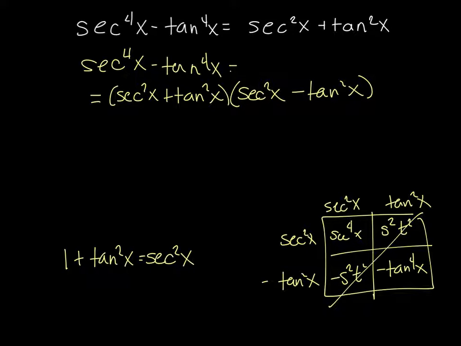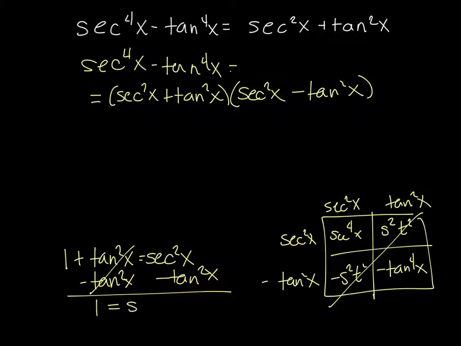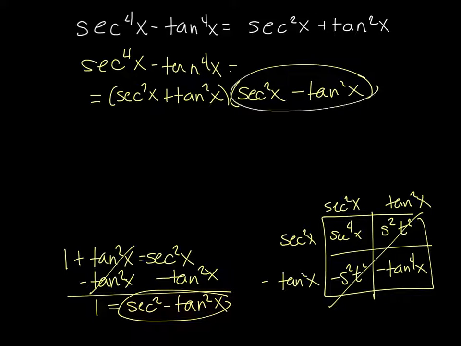Because what I want to do is get this identity to look exactly like this. If you notice, I have secant squared minus tangent squared. So I'm going to subtract tangent squared from both sides. So I'm just manipulating the identity. It's still going to be the same thing. So now I get 1 equals secant squared minus tangent squared, which you'll notice is the exact same thing as I have up here. So that means I can replace that with 1.